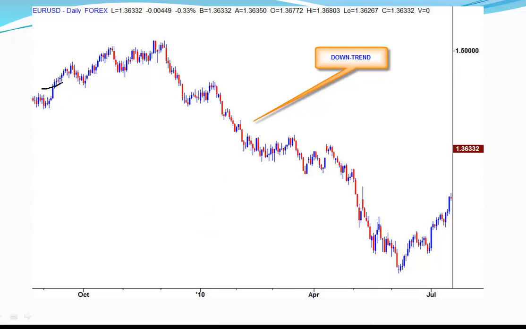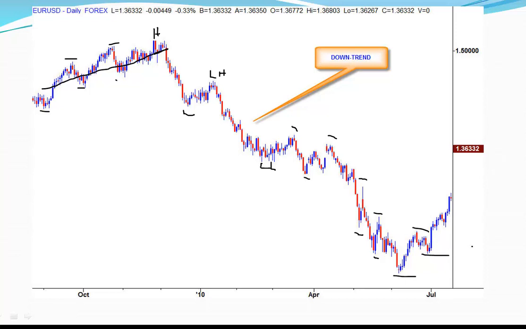So the prior move up was in an uptrend, as you see here. You had a low, you had a high, you had a higher low. We don't know exactly what the data was in the past, but establishing the fact that this would be the high, and that would be a low, then a lower high, a lower low, a lower high, lower low, lower high, lower low, and finally a higher low.